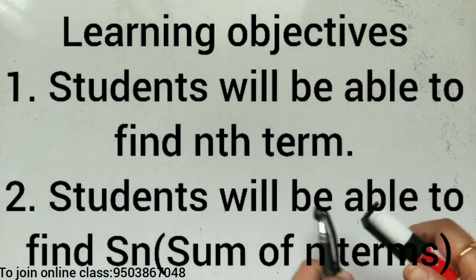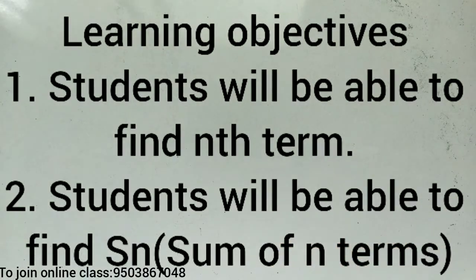An arithmetic progression is a list of numbers in which each term is obtained by adding or subtracting a fixed number to the preceding term, except the first one, as I have already explained. This fixed number is known as the common difference D of the given AP. It can be positive, negative, or zero.